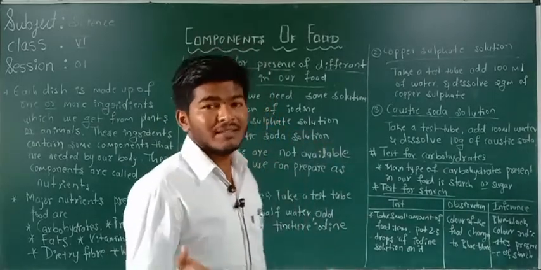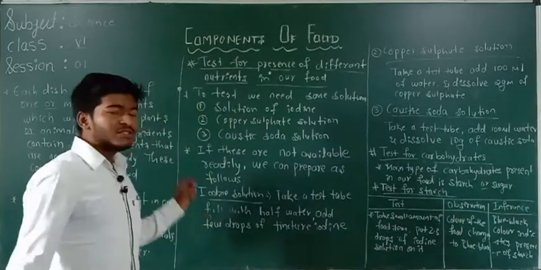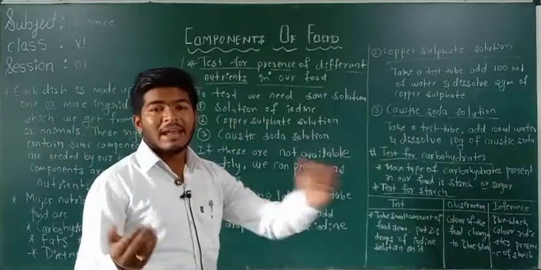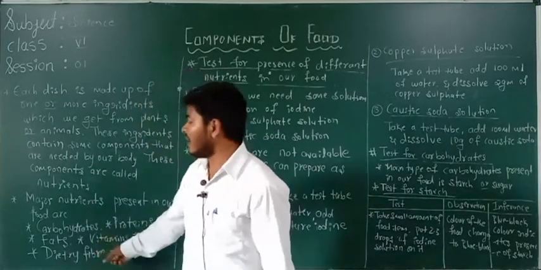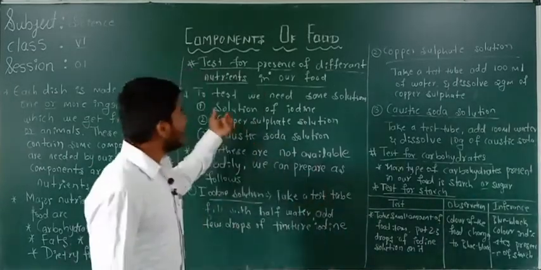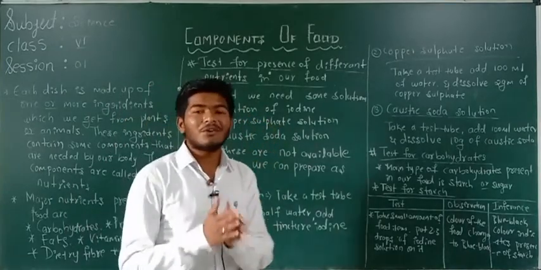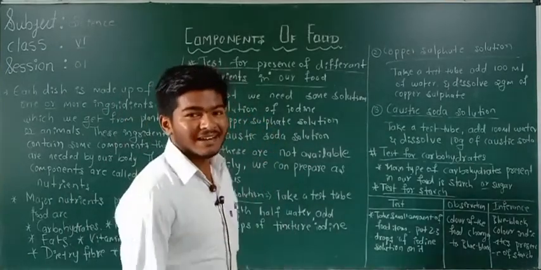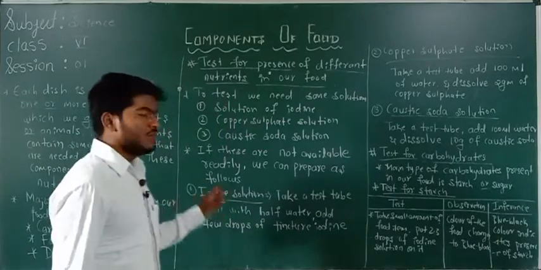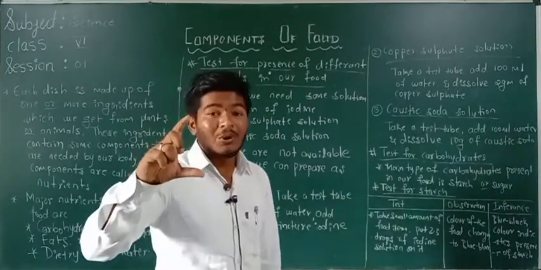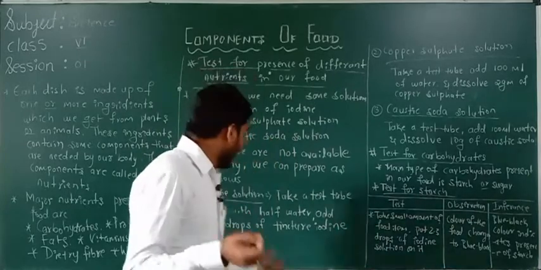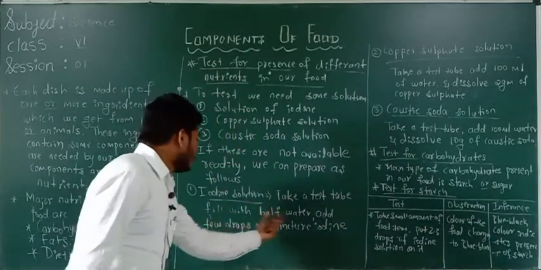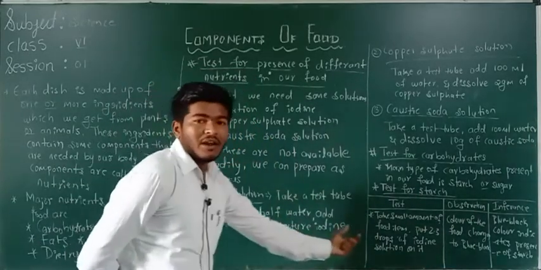How are we going to make those solutions? See now. The first solution to find out the nutrients present in our food is iodine solution. But how are we going to make iodine solution? Take a test tube and fill it halfway with water and add 2 to 3 drops of tincture iodine.